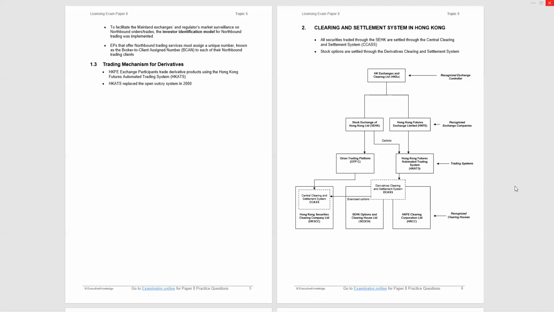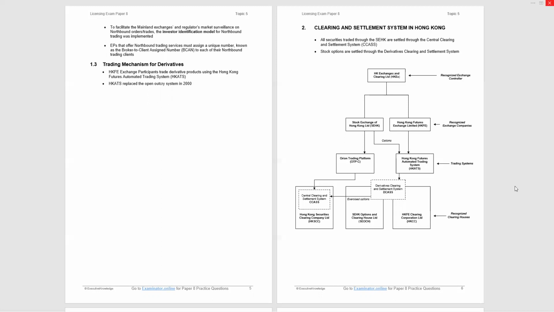Once a stock trade is matched in the Orion trading platform, it is passed on to CCASS, the Central Clearing and Settlement System, which is operated by the Hong Kong Securities Clearing Company, the Securities Clearing House. If it's a futures trade, you go down the right-hand side. Paper 8 is a paper on securities, so we don't have to worry too much about the details of the futures trades.